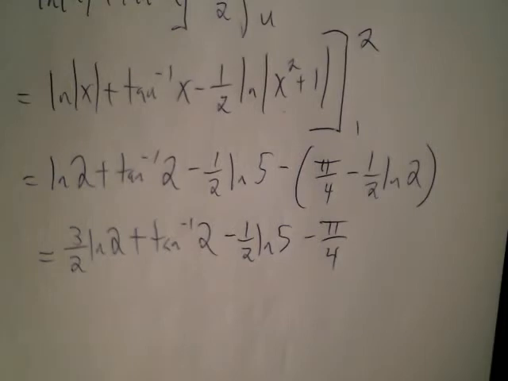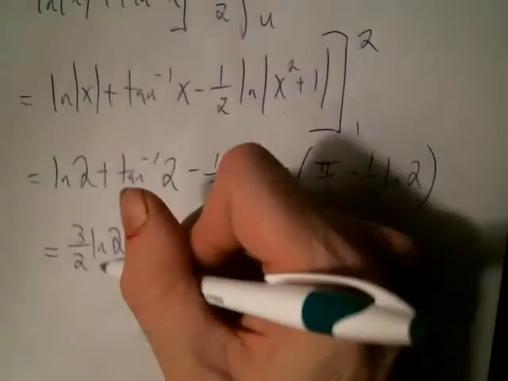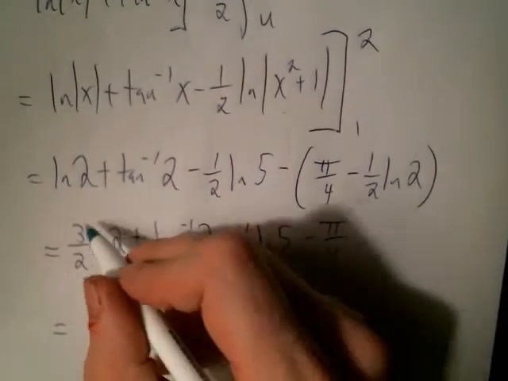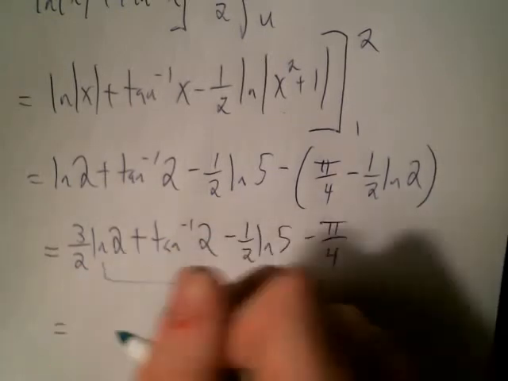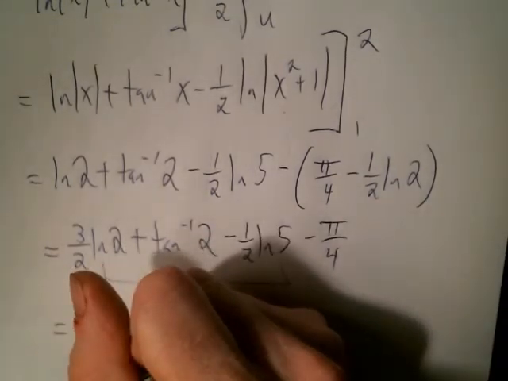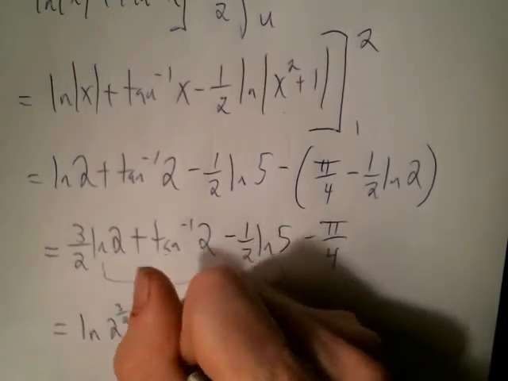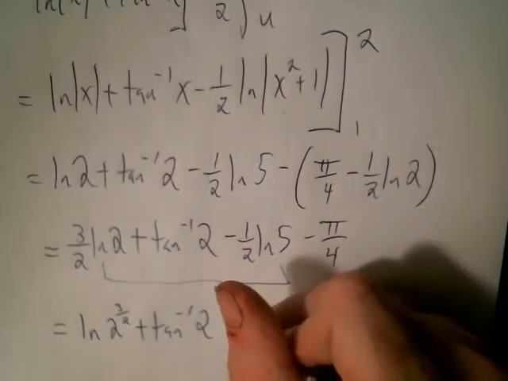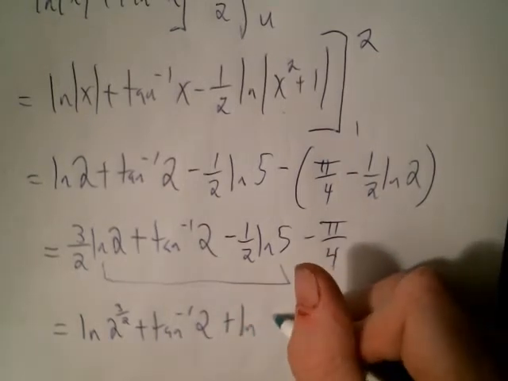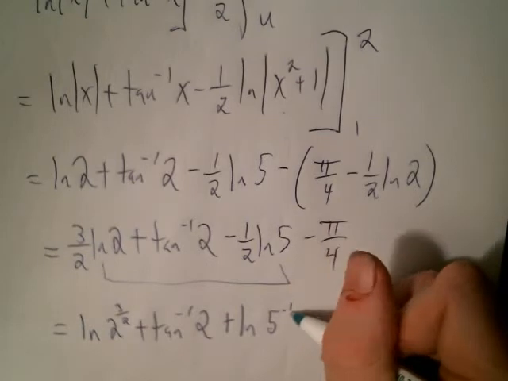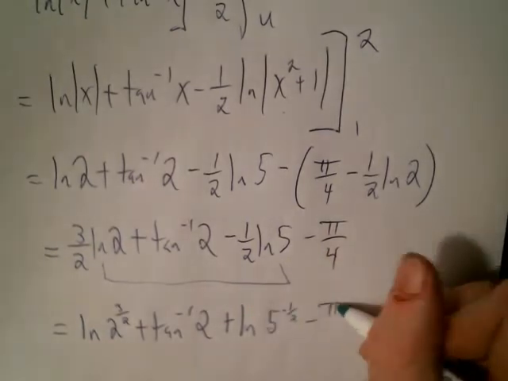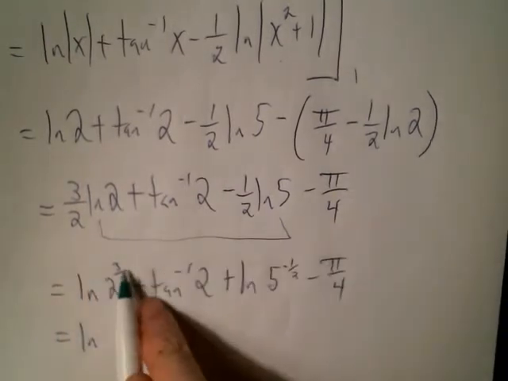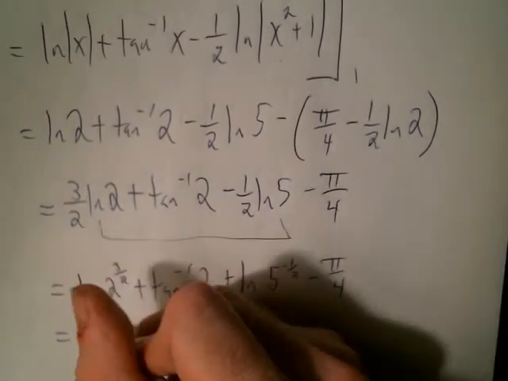I don't know. The book is going to try to combine these two natural logs. There's no big deal. You can use power rules. So this would be ln of 2 to the 3/2 plus tan inverse of 2 plus ln of 5 to the negative 1/2 minus pi over 4. This would be ln of 2 cubed is 8, and then we want the square root of 8.